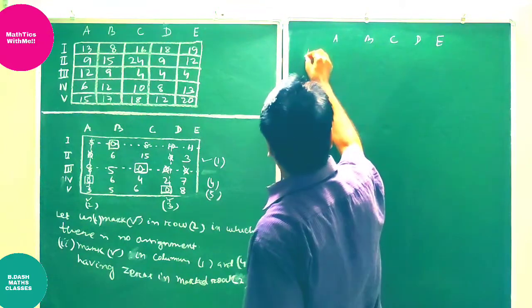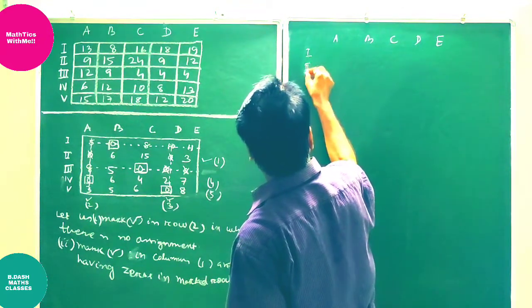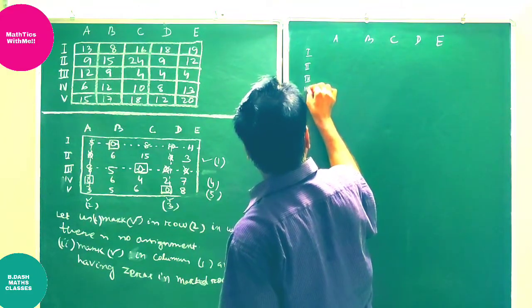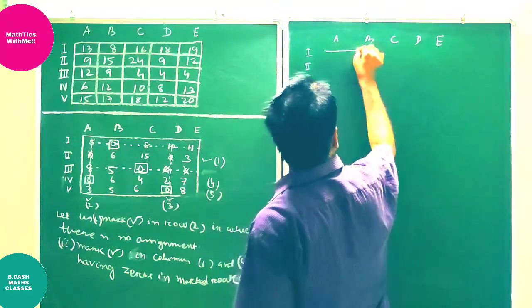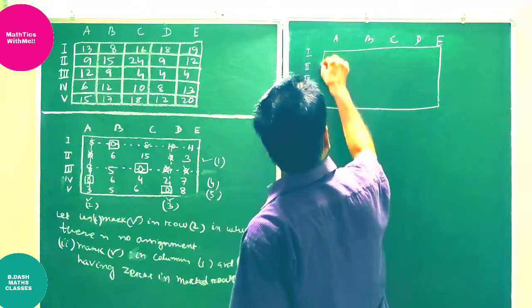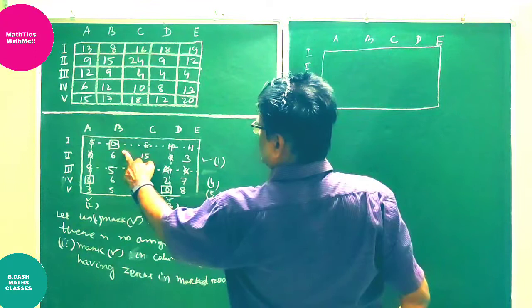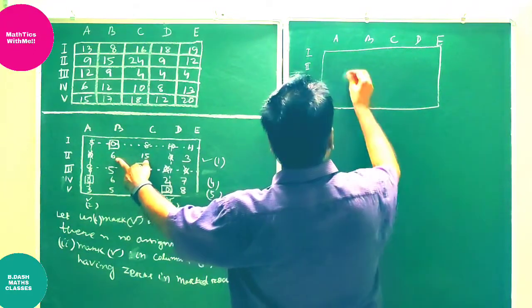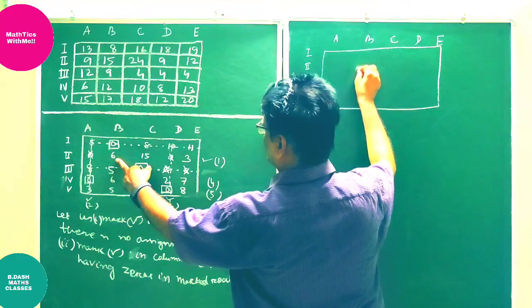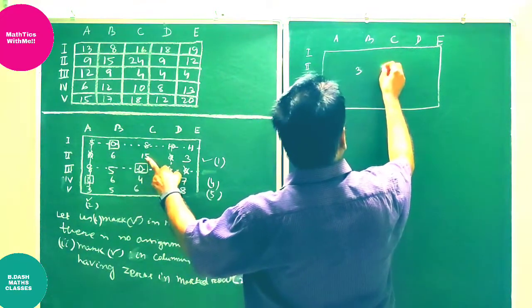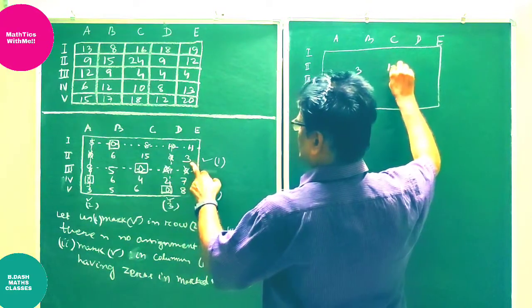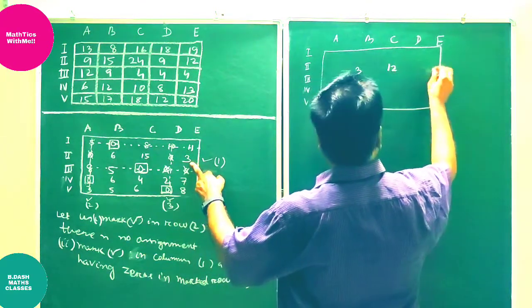A, B, C, D, E, first, second, third, fourth and fifth. So here we get this is 3, this one is 12, this is 0.